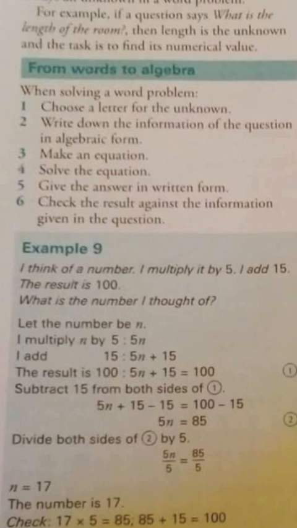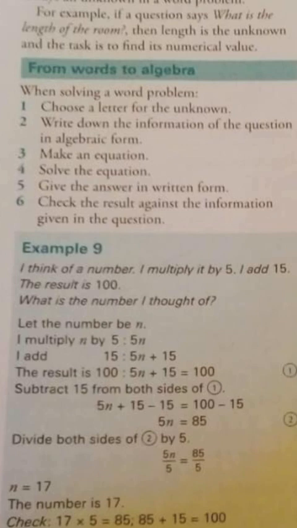Okay? You say, I multiply it by 5. That number that is an unknown, which is X, I will multiply it by 5. So 5 times X is what? 5X. Okay? You have interpreted the second line. We go to the third sentence there. I add 15.